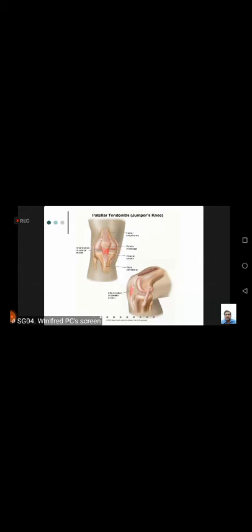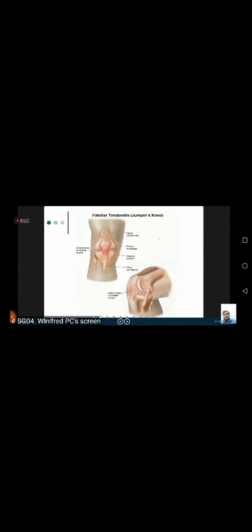This swelling causes inflammation, and with the swelling there would be pain. Whenever such a patient comes to us, they will tell about the pain exactly at the site of the patellar tendon. So the pain and swelling would be present around the patellar tendon, and the reason for them is the inflammation.